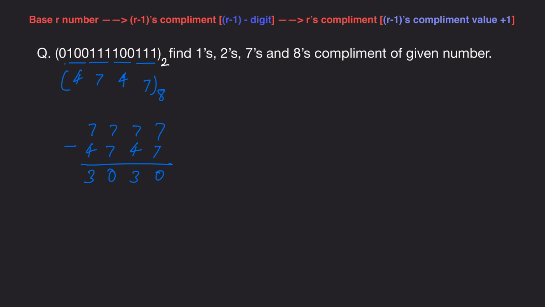So this will be the seventh complement. And if we have to find the 8's complement, we add 1 directly, so it will be 3031. This is the 8's complement of the given number.